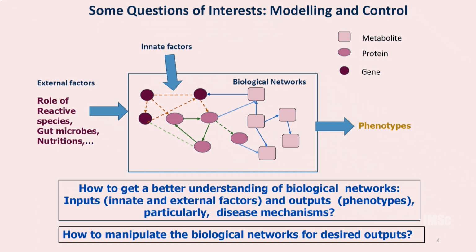For that, first we have to see if we can build models for different systems and then do some comparative analysis. If I understand this first, then I can manipulate these systems to get a desired output, which we typically call going from a disease condition to the normal condition, or getting disease-free.